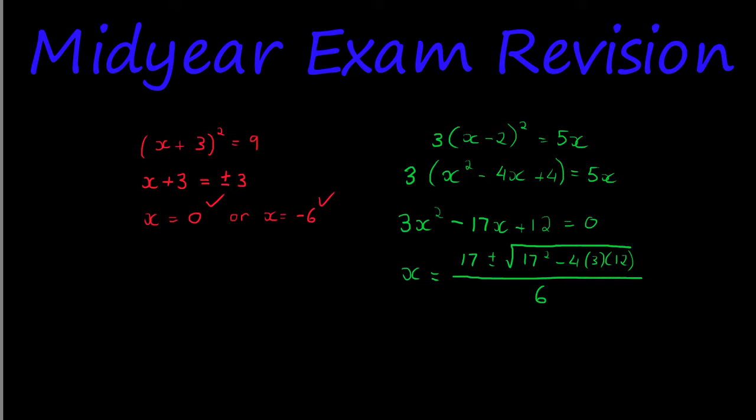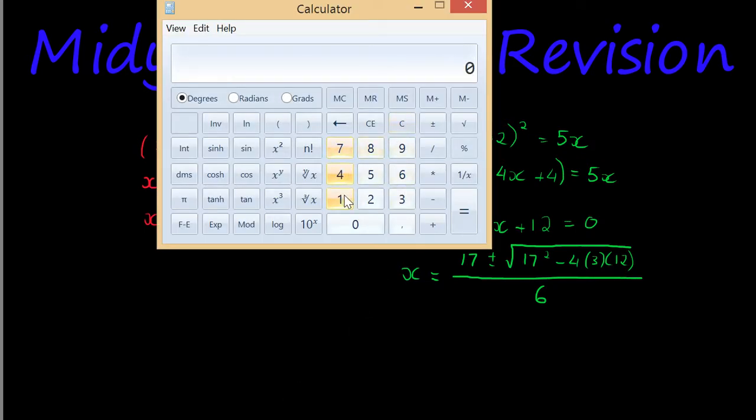And if we calculate that, we have 17 squared minus, this is 144, is equal to 145. So the square root of that gives me this value under there.